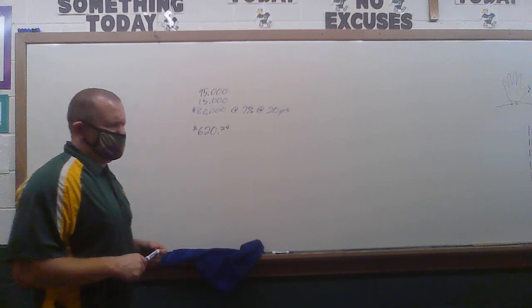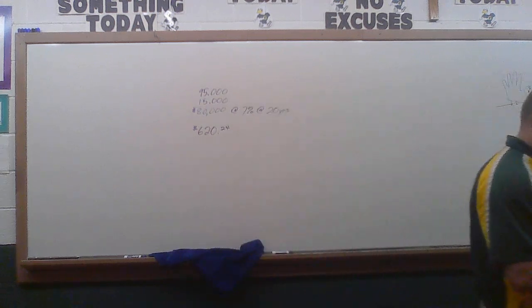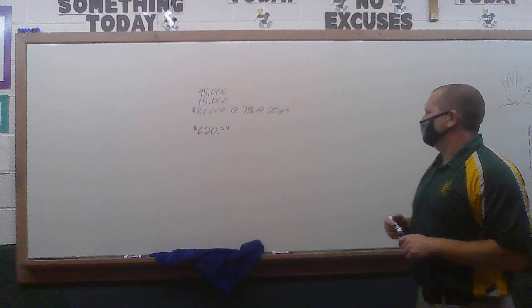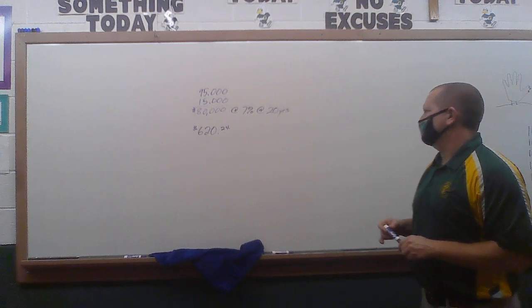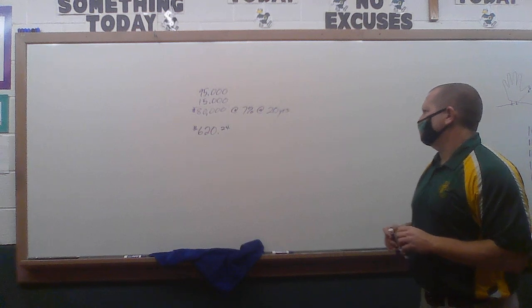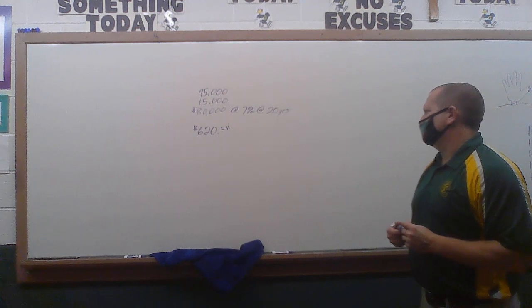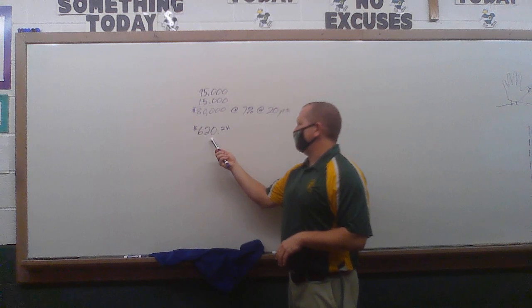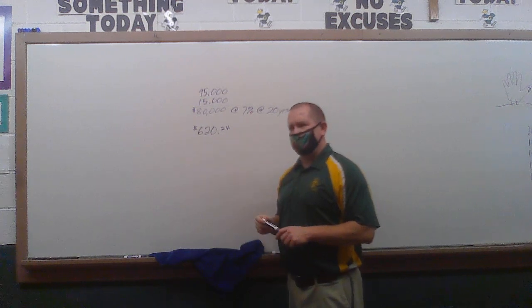I understand what you're thinking. I got 200 divided by 20. But I have to add on the 7% though. So that 80,000? Are you just doing 80,000 times the 7%? Yeah, so I'm just doing the interest. You're only doing the interest, so that's not counting what my overall payment is.